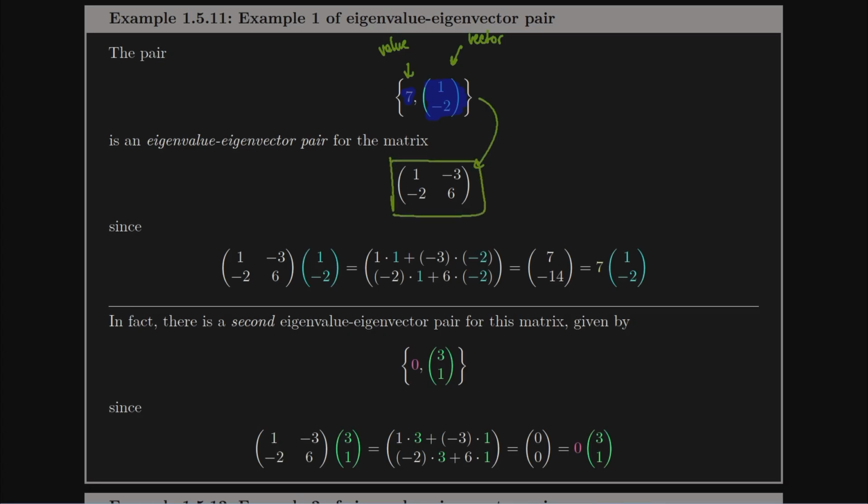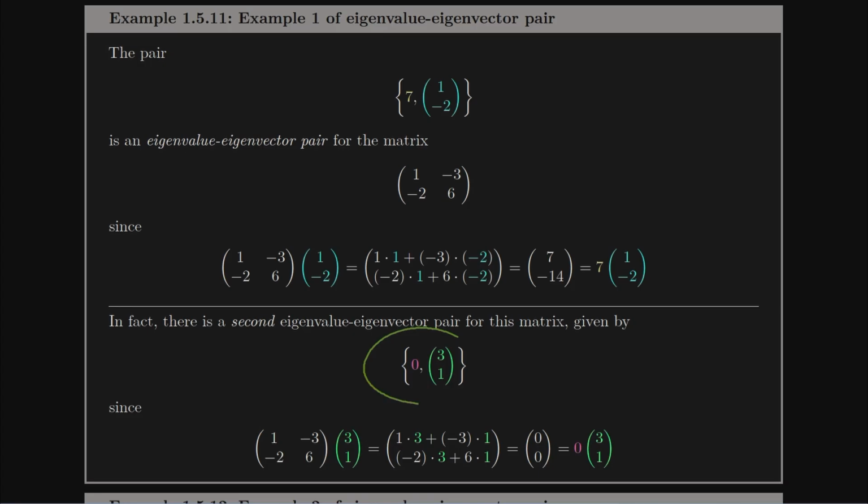We can tell that the matrix actually treats this as an eigenvector just by acting the matrix on the vector and seeing what the output should be. So if we take this matrix on this vector, we're going to take the row, we're going to take 1 against 1 and negative 3 against 2 and add those numbers together, we get 7. We're going to take negative 2 against 1 and 6 against negative 2, and add those two numbers together, we get negative 14. Well, it turns out 7, negative 14 is exactly 7 copies of the eigenvector.